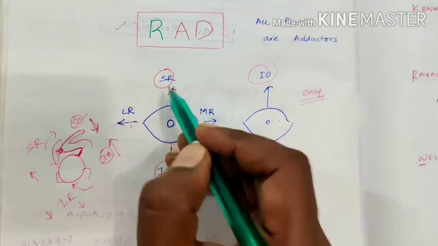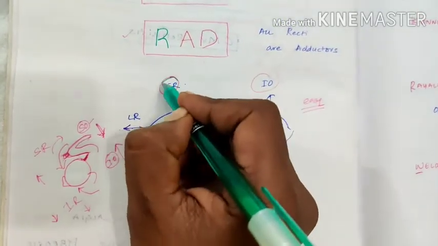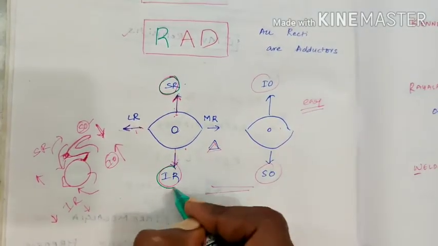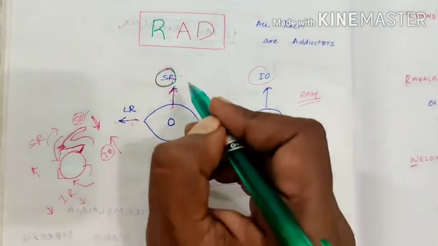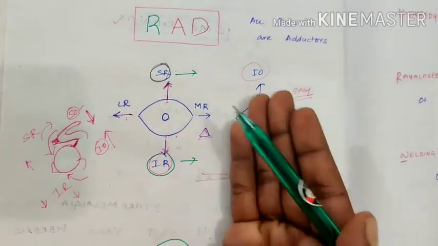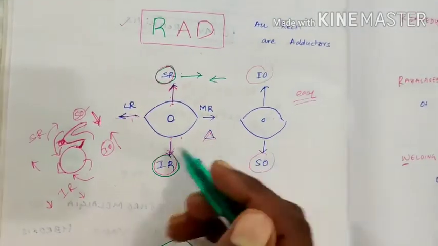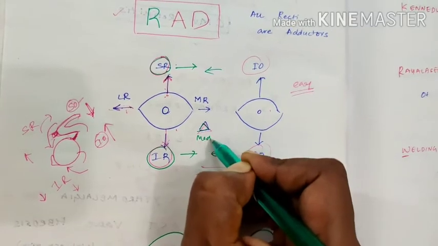All recti are adductors. Take superior rectus and inferior rectus. What they will do, they will adduct the eye. Adduct means they will pull the eye towards each other. This rectus will pull towards this rectus, and this rectus will pull towards this rectus. That means they will pull medially. Got it?